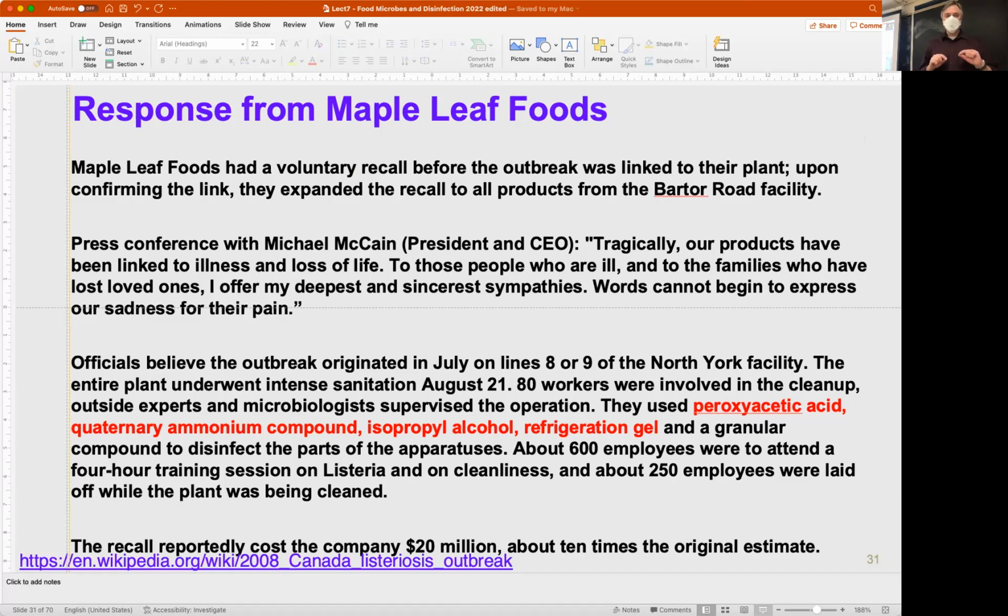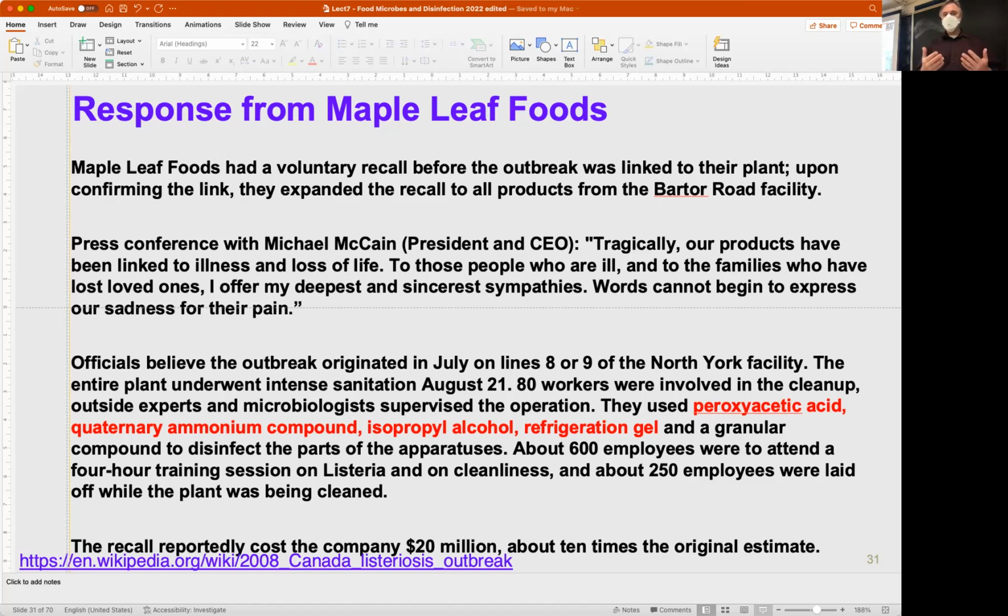And there's a quote by the president of Maple Leaf Foods. Tragically, the products have been linked to illness and loss of life. Those people who are ill and the families who lost loved ones have our deepest, sincere sympathies. Words cannot begin to express our sadness for their pain. And I think over 20 people lost their lives from the food infection.